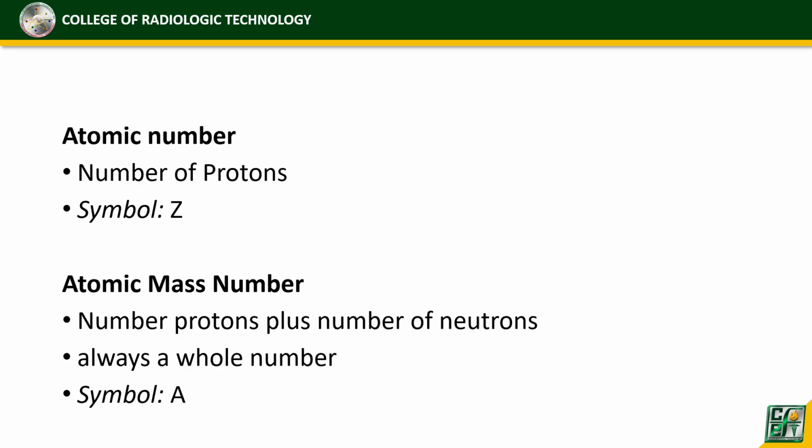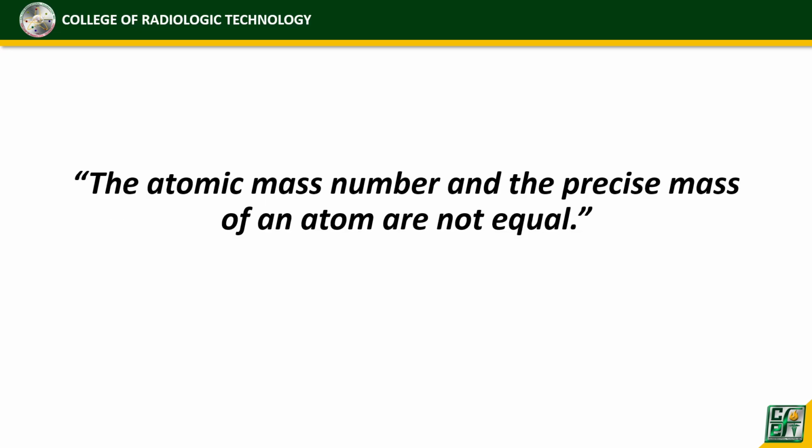Okay? So magkaiba pa yung atomic mass unit, yung AMU. Okay? So, ang symbol naman ng atomic mass number ay A. A, capital A. Capital Z naman doon sa atomic number. Okay.